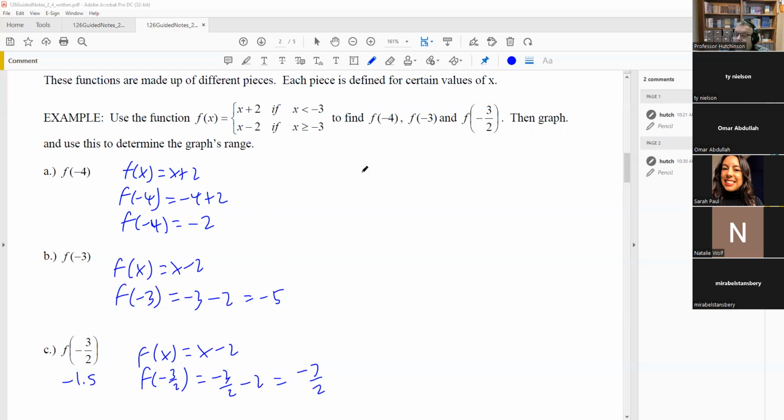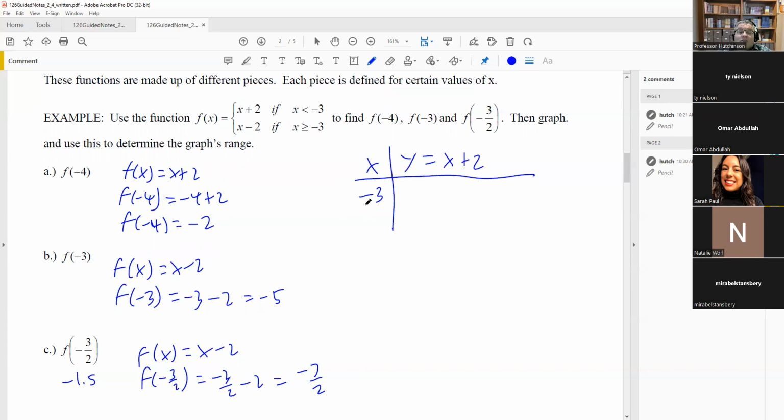So for instance, let's make a table on this. So I'm going to do x, and I have y equals x plus 2. I'm going to make a table on that. The first number I want to pick here is -3. Now, I'm picking -3 purposely because when we do these type of graphs, you're going to see that the graph is either going to start or stop at -3. Now, of course, we know that -3 is actually not included.